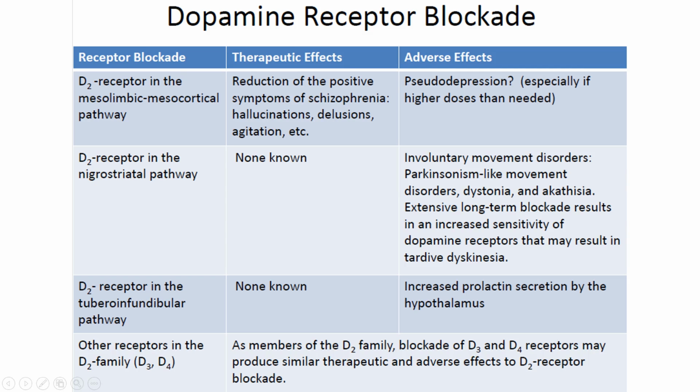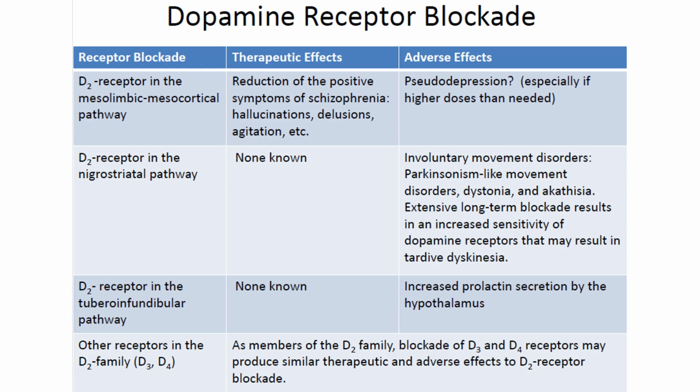So now we're going down here to the tuberoinfundibular pathway. So we understand that up in our hypothalamus, we have this anterior and posterior pituitary, and in the anterior pituitary we have these cells that secrete something called prolactin, and prolactin has an inhibitor, and the inhibitor on prolactin is dopamine.